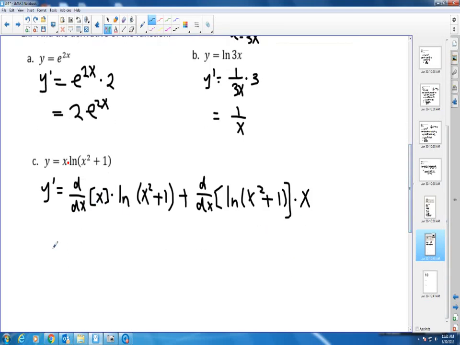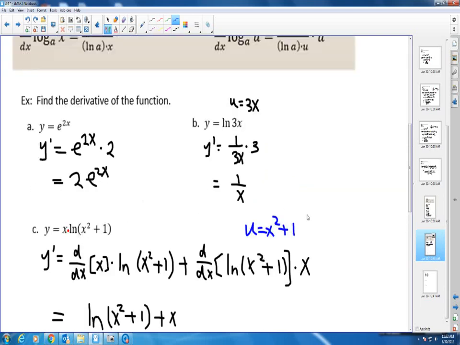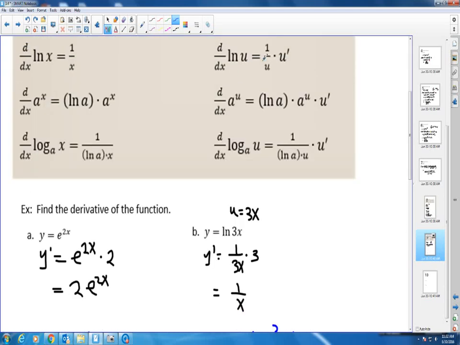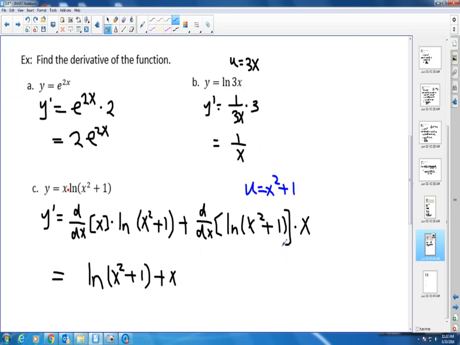Alright, the derivative of my x would just be 1. So the first term here will still be natural log of x squared plus 1. Alright, a little bit tricky back here. I'm going to move this x up front of this term. Remember the u here is the x squared plus 1. So when we take a derivative, a natural log of u will be 1 over u.